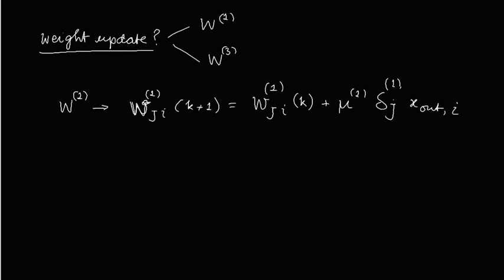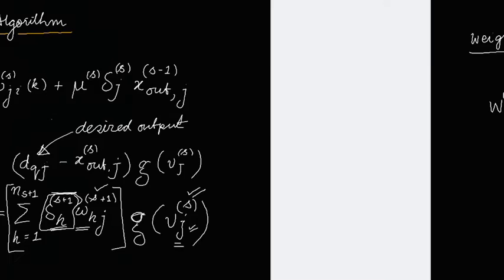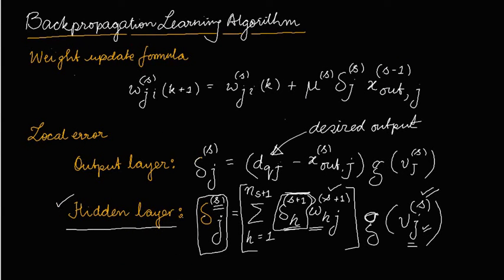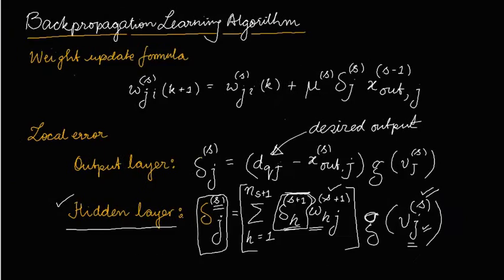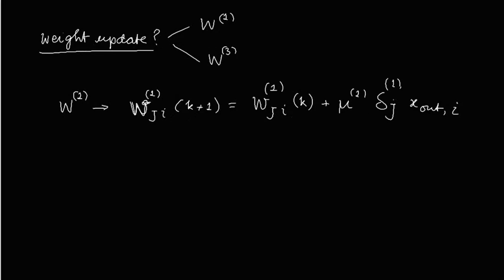Not here, rather we are talking about the hidden layer, so it will be this one here. So this is going to be s minus 1. So if delta js is taken, then x out j is at s minus 1. According to that, it will be 0.